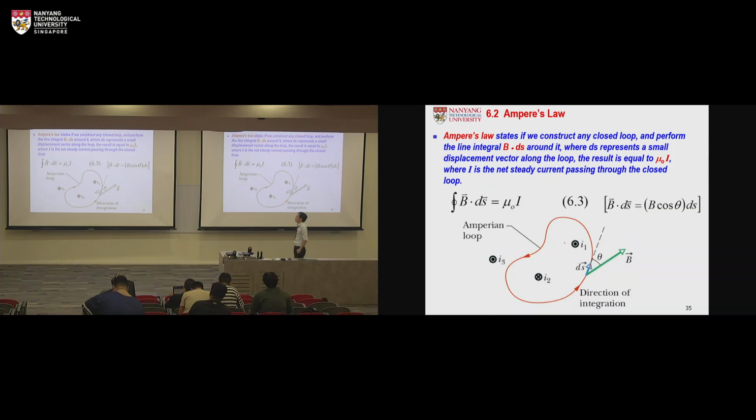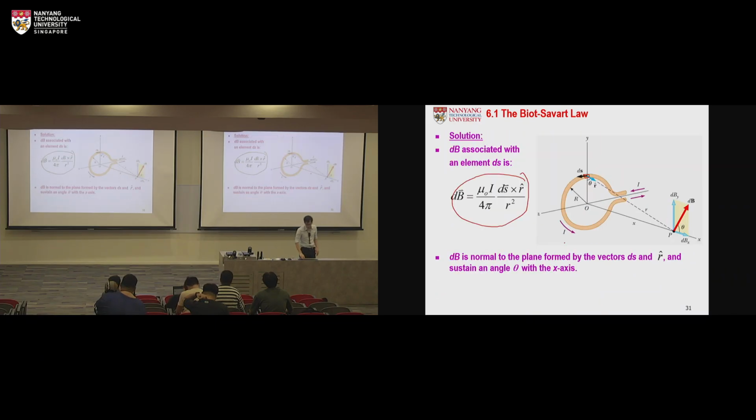Okay, next, Ampere's law comes to the most important part for this topic of how we can determine B from I. So far, the way we introduced applies to any kind of current source.